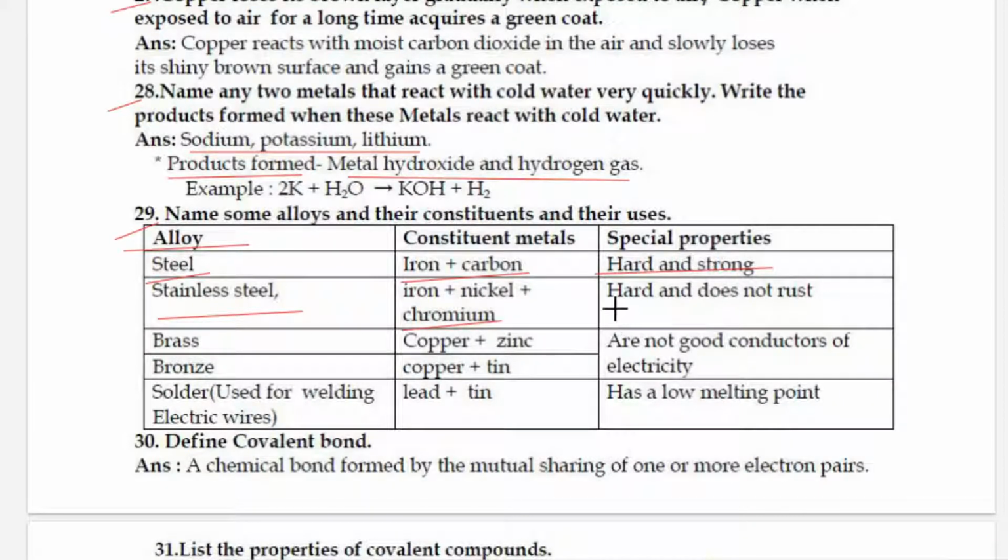Special properties: hard and doesn't rust. Brass is an alloy. Constituent metals: copper plus zinc. Special property: not good conductors of electricity. Alloy solder, used for welding electric wires. Constituent metals: lead and tin, has a low melting point.